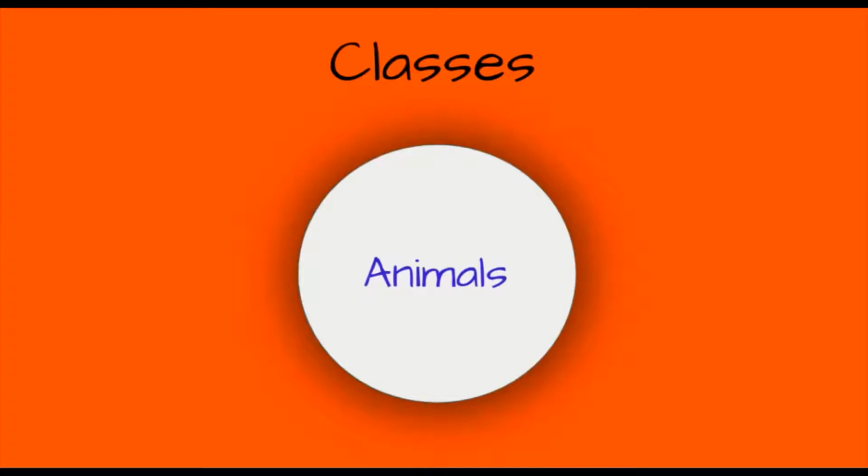We'll start with classes. Now, a class is just an entity that binds a group of similar entities together. Let's see an example. Let's take an animal class. As you might have guessed, an animal class is a collection of all the animals. So basically, every animal is an object of this animal class.